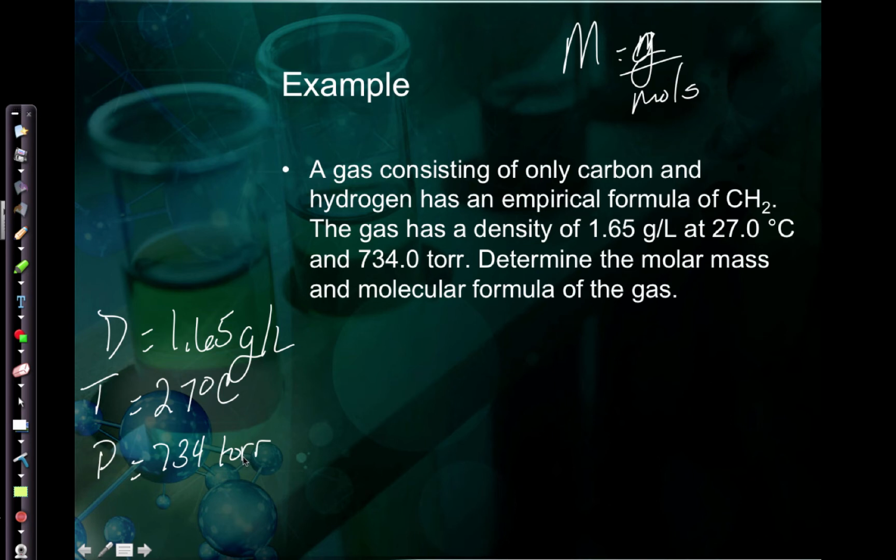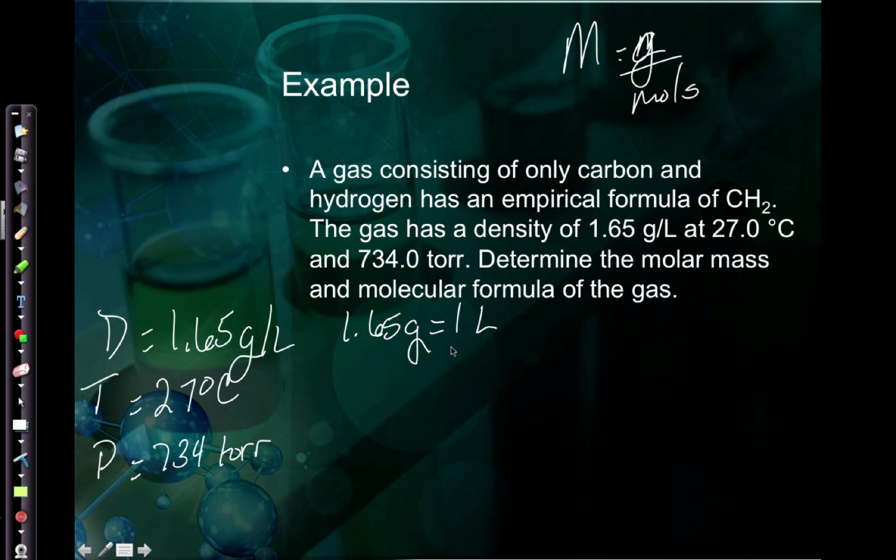We don't technically have moles or grams here, but what I do know is that I have a density, and a density is really a conversion factor between grams and volume, so mass and volume. So if I have 1.65 grams of this substance, I have 1 liter of that substance. Well, that can give me two pieces of information.